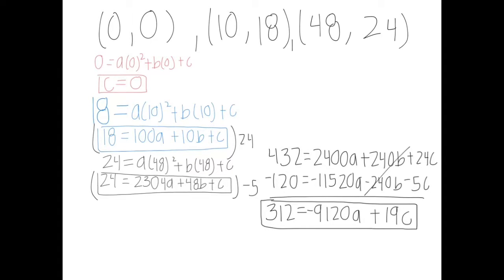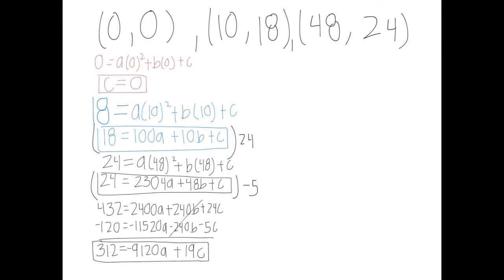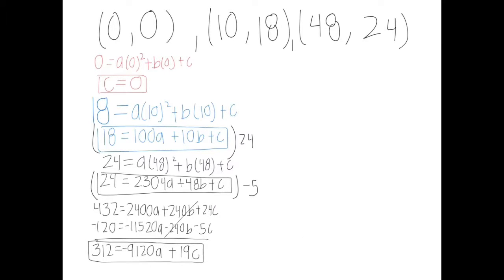Now we can plug in 0 for c in this new equation, and we solve for a, since we know that c is 0. So 312 equals negative 9,120a plus 19 times 0, which equals 0.